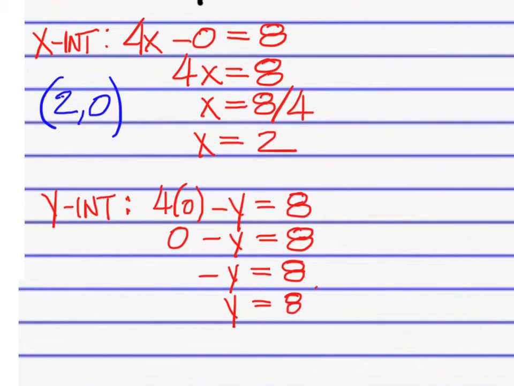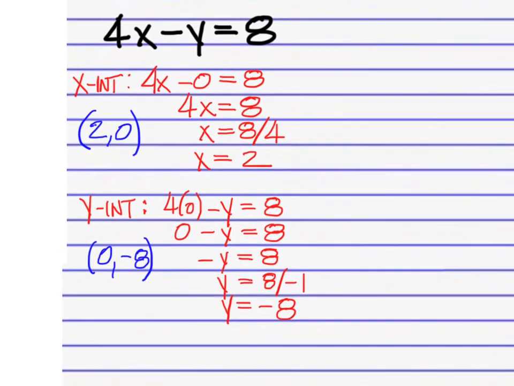Divide 8 by negative 1. So you get a negative 8. You put a 0 in for x and came back with a negative 8 for y. So there is your y-intercept. That's where the line crosses the y-axis on your graph.